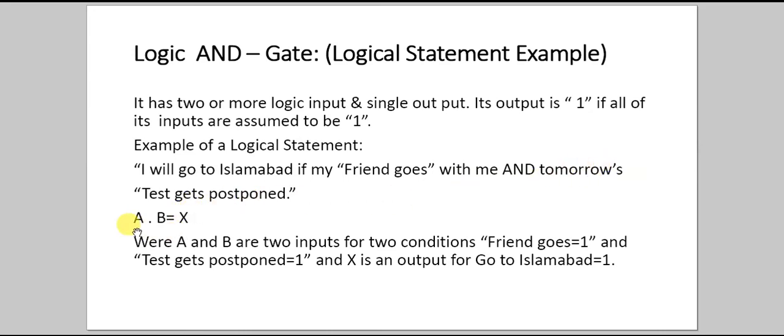So A and B is equal to X, we normally write A dot B, where A and B are the two inputs for the two conditions. Friend goes is equal to 1, and test gets postponed is equal to 1. X is the output for going to Islamabad. If you're going to Islamabad, then X, the output, is equal to 1.